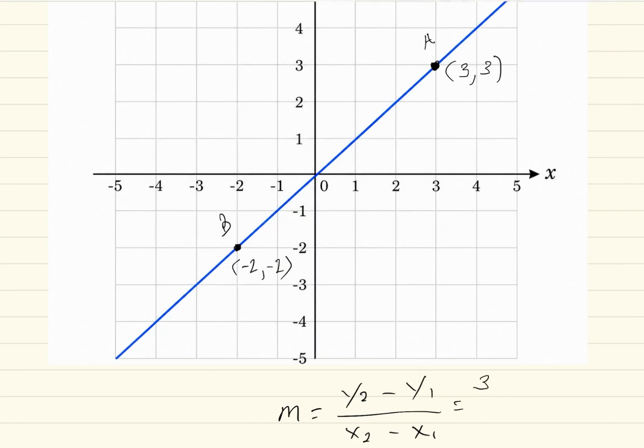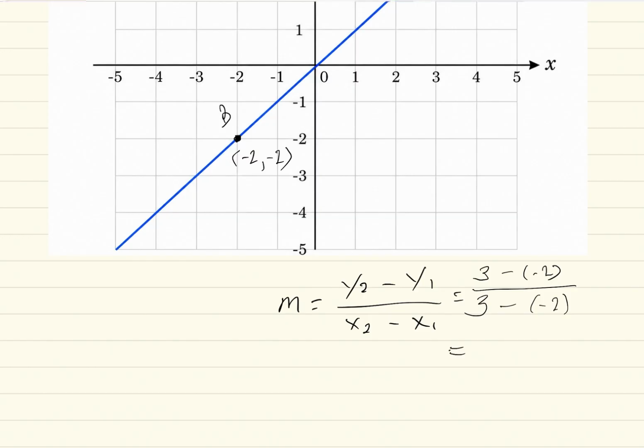And then we go to the y value of B, so remember it's 3 minus, and the y value is -2, divided by the x value. We can see here it's 3 as well for A, and then for B it's -2 as well.